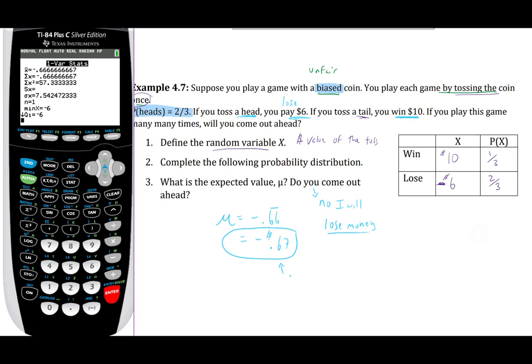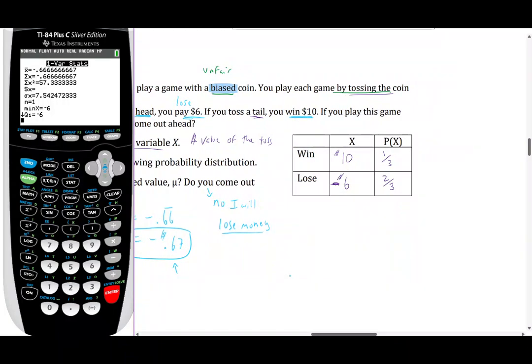All right, one other thing that we need to talk about is how we can do this without a calculator. With something as simple as this quick calculation, I probably wouldn't even use a calculator for this. I would just add a third column, call that third column x times p of x, and then we could just multiply the $10 times 1/3 and the -6 times 2/3.